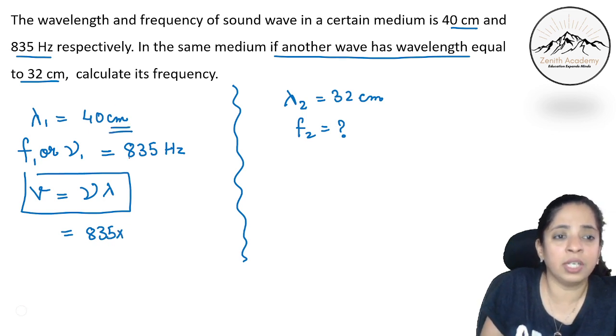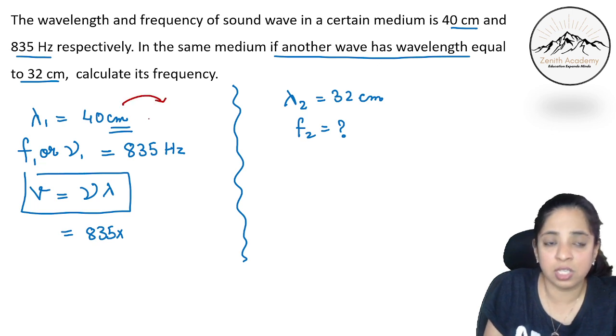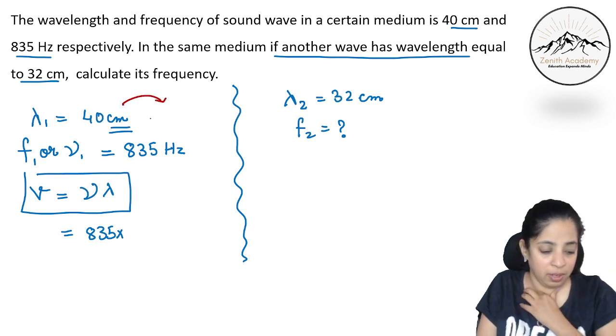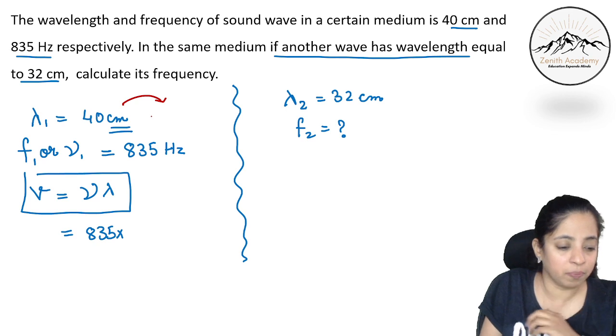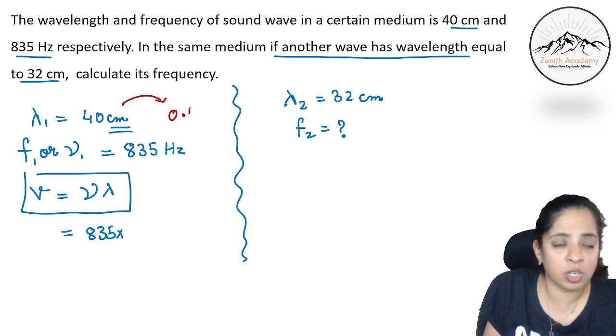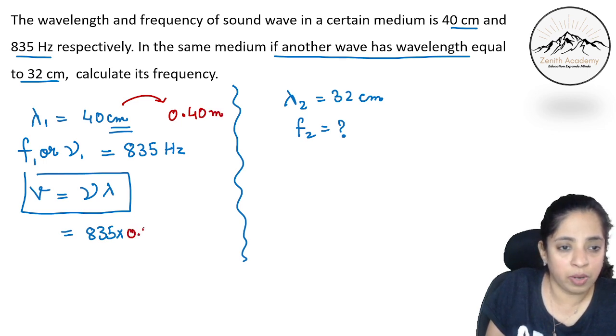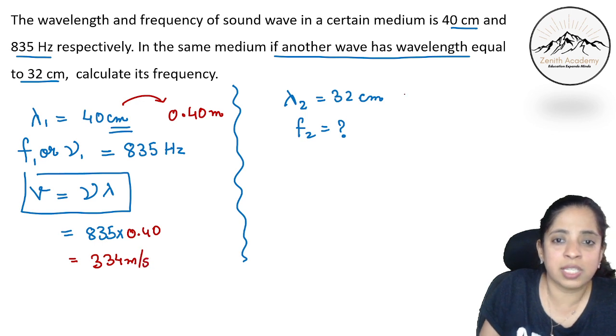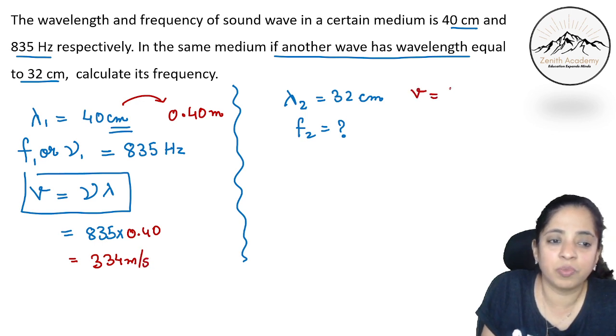We have to convert it into meters, standard units. So 40 centimeter we have to convert into meters, so it will be 0.40 meter, as we have divided by 100. So this answer becomes 334 meter per second.